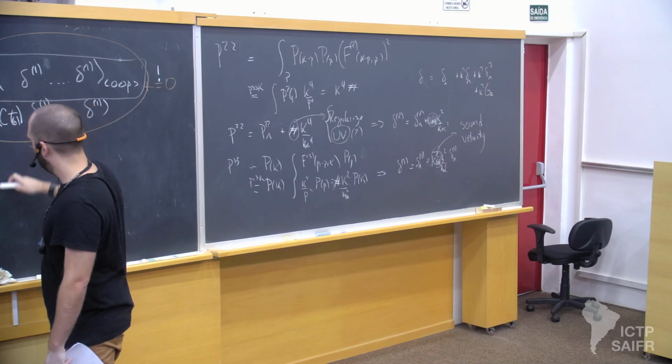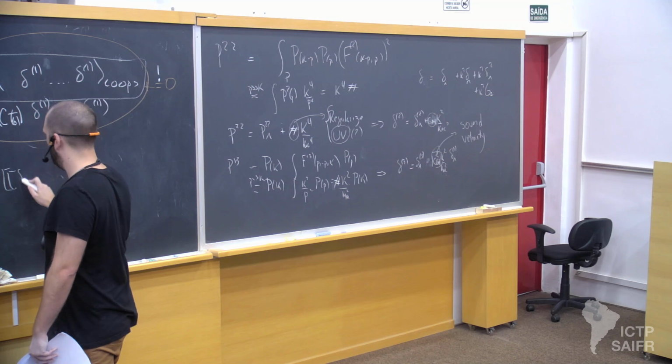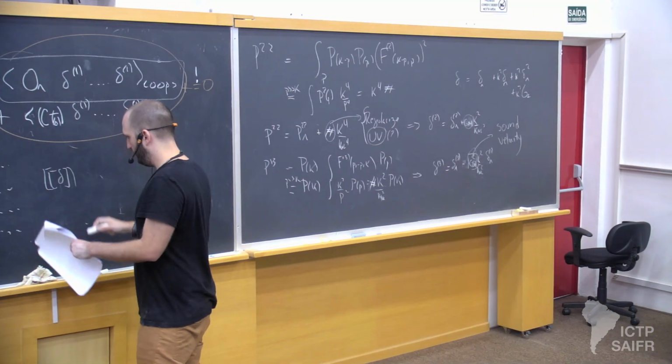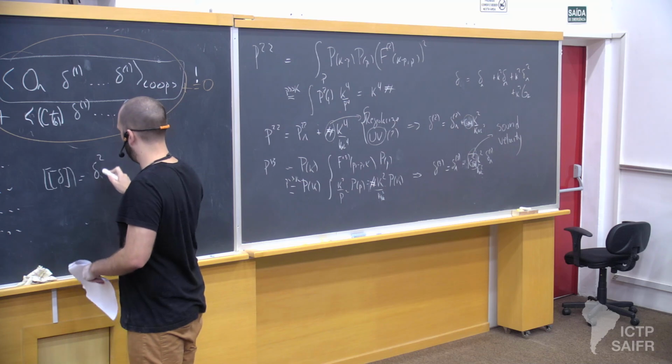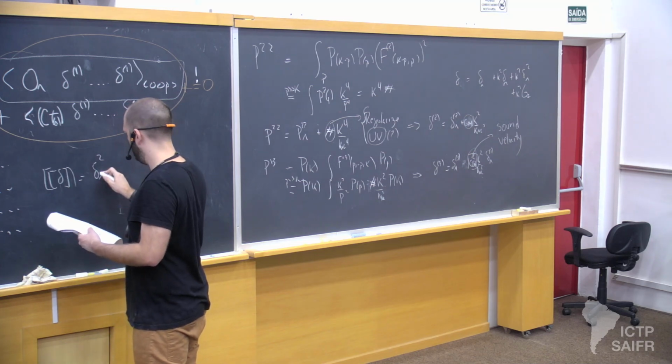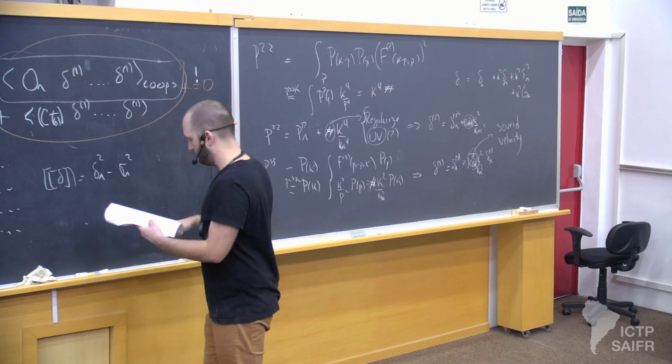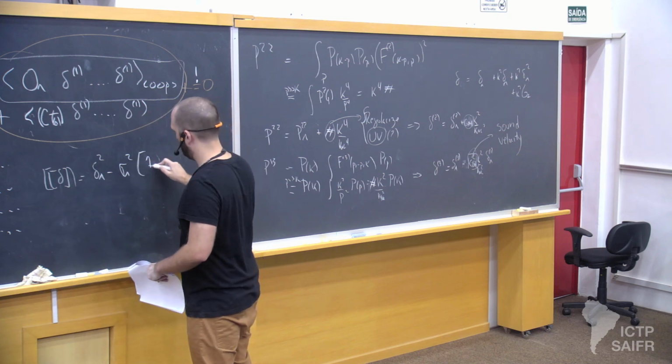So you find that the renormalized delta square, this is something you can compute, is equal to delta square of lambda minus sigma square of lambda times 1.